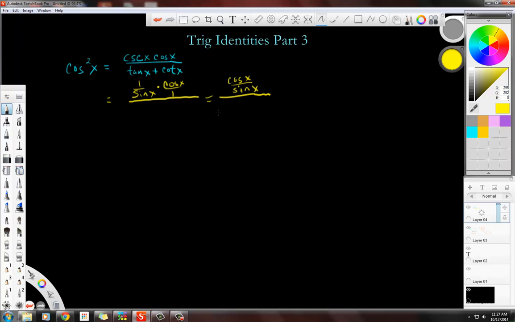On the bottom, tangent x plus cotangent of x. Tangent of x would be, and this is just how it occurred to me to do it, tangent of x plus, and the cotangent x is the reciprocal of this, so this is cosine x over sine x. That's cotangent.